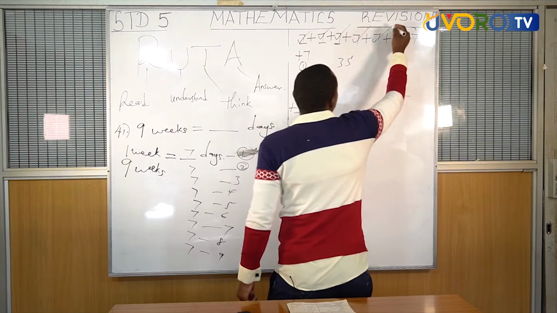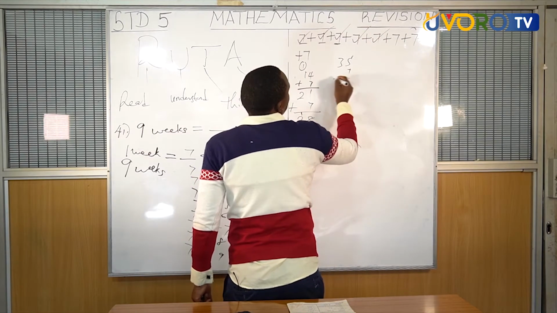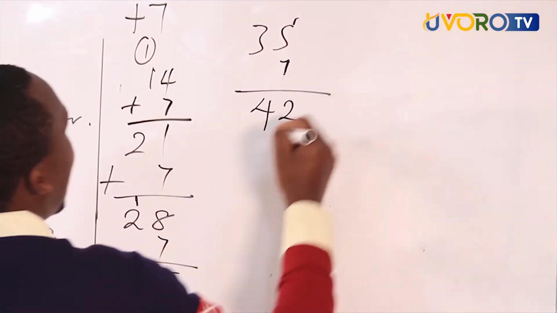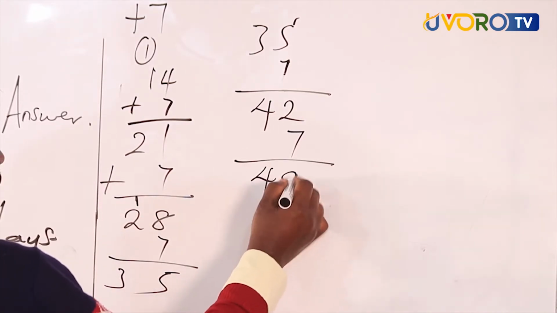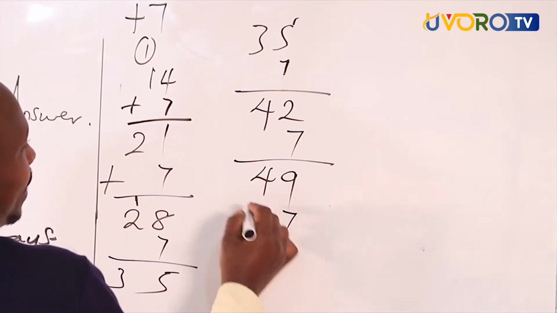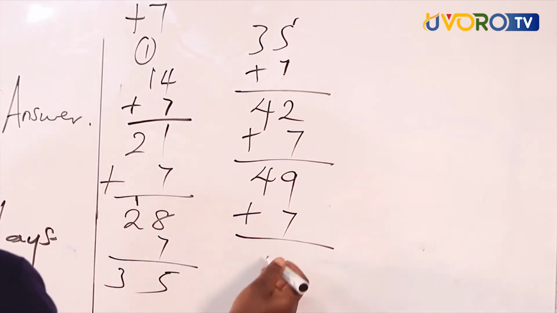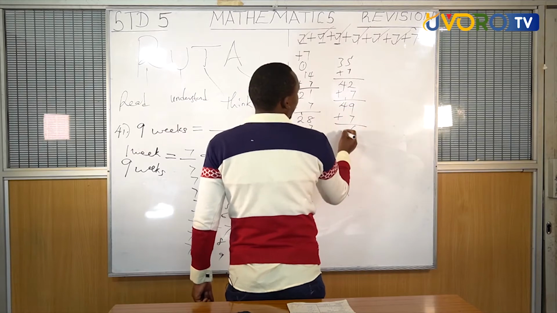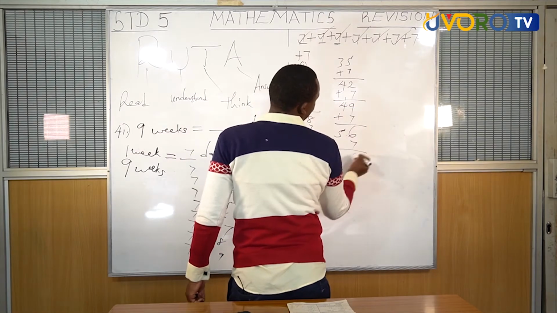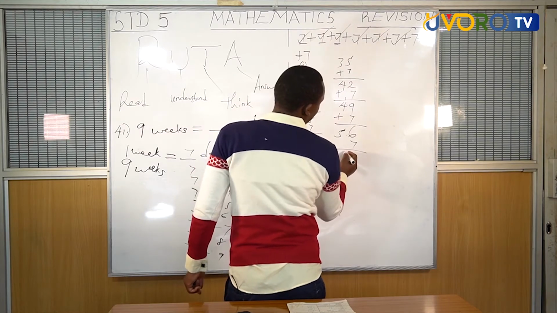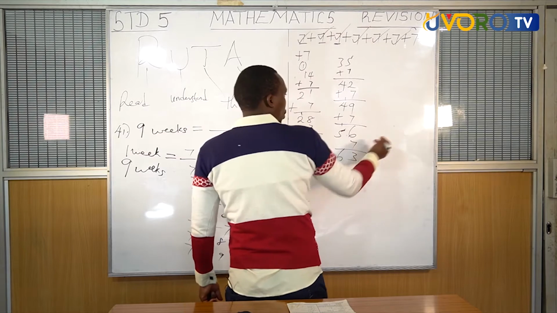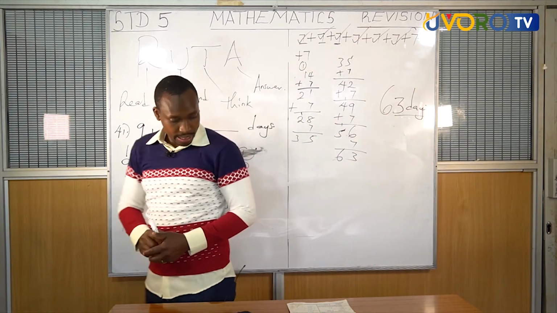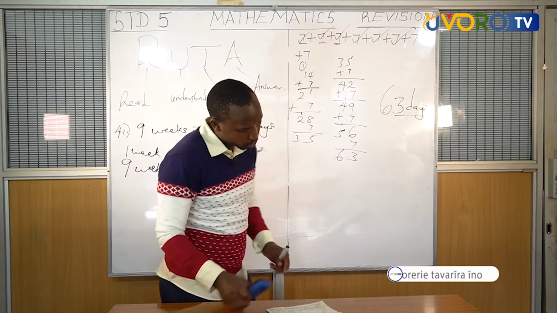Plus 7, that is 42, plus another 7, this is 49, plus another 7, that is 9 plus 7, 16, very good, 6, carry 1, 56, plus another 7, that is the last one, 63. So we have how many days? 63 days.